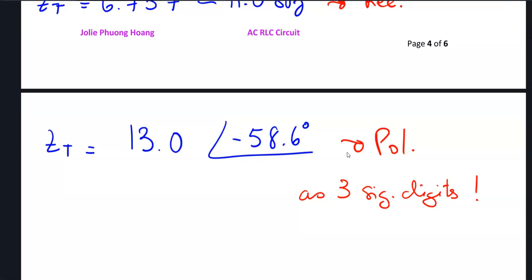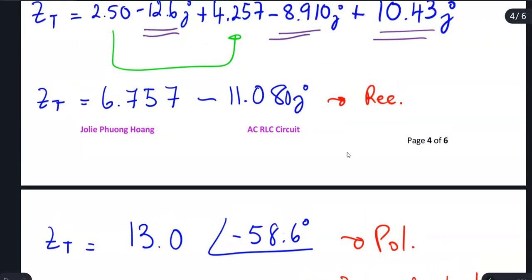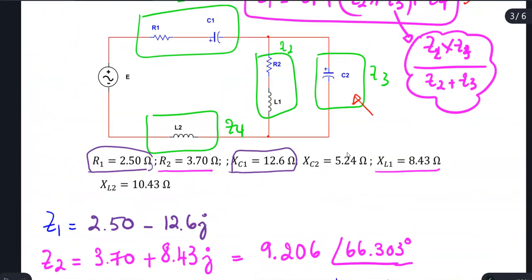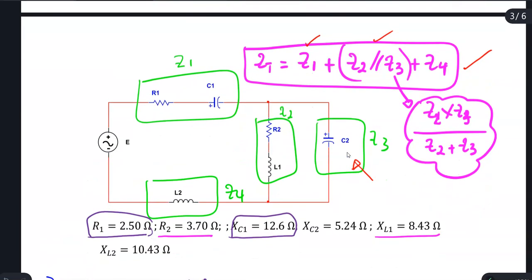Alright, so basically for this particular lesson, I ask everyone to find the total impedance of this particular circuit. Okay, so it combines everything that we have learned in complex numbers. So we need to understand complex numbers in rectangular form, complex numbers in polar form, and we use our calculator to help us convert between rectangular and polar form.